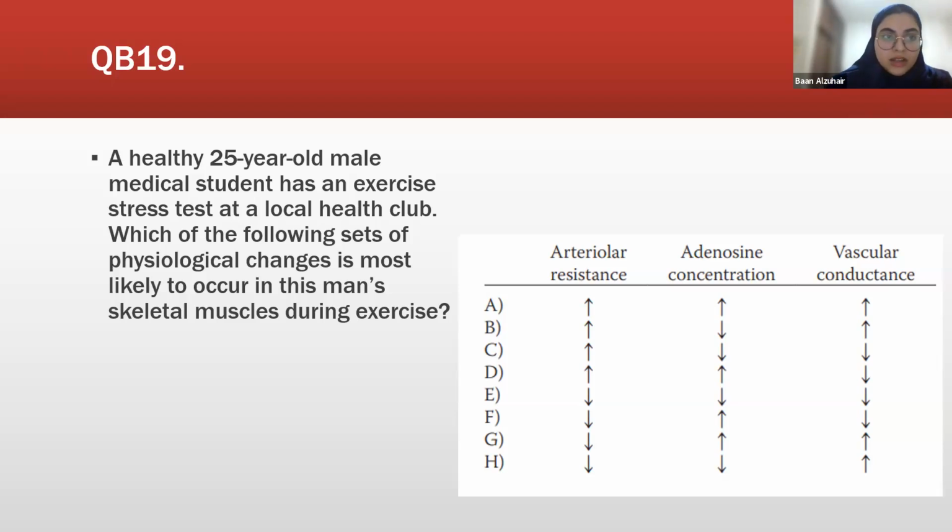It wouldn't make sense if it's low. It should be high. So the only one that has vascular conductance high is G. So, very good, Munib. Does everyone else understand it? Great. Does anyone need this to be explained? Okay, we'll move on.